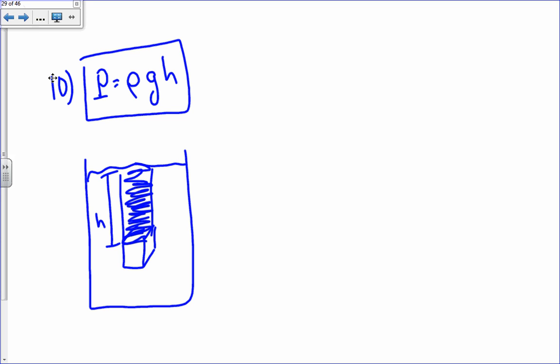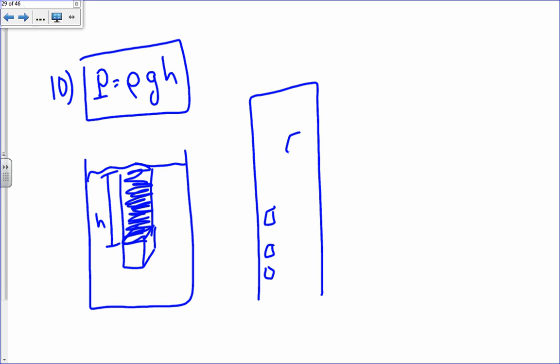So the question was asking why you can notice a change in atmospheric pressure when taking an elevator in a tall building. So here's your tall building. Right here I have a column on top of me, h.